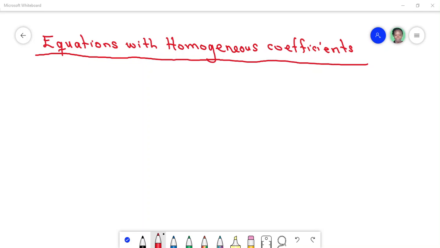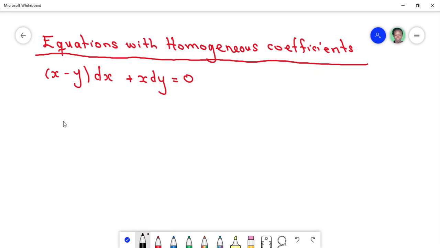Our lesson today, we are solving an example on homogeneous differential equation. So let's take an example of a differential equation. Let's say I have (x minus y) dx plus x dy equal to 0.